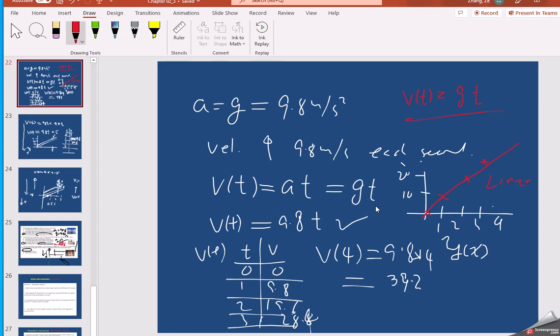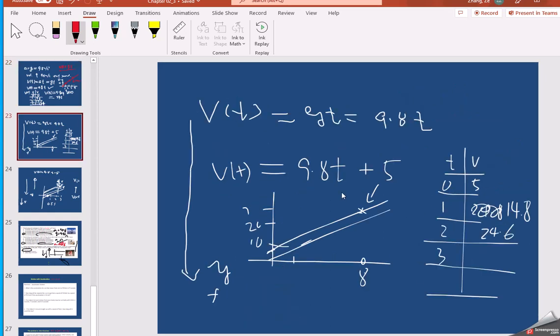We applied this to a slightly different situation. If you push a ball down, which means you are giving the object a startup or initial velocity, then the velocity changing with time is different. Simply, you have an initial 5 meters per second, and that's the formula representation of the new function with an initial speed in the same direction as the gravity.